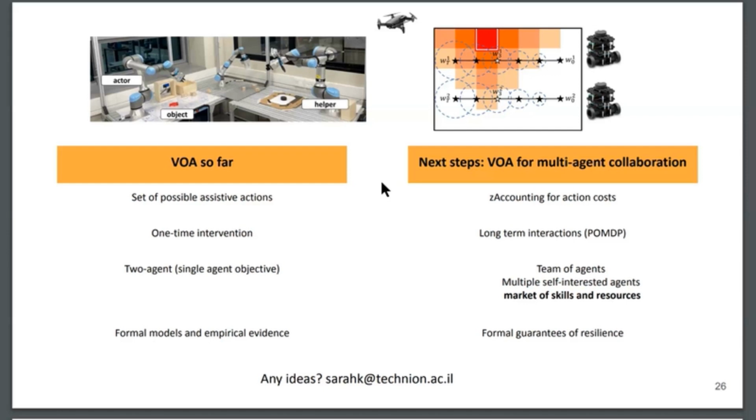We have a two-agent setting so far, but only one objective. So it's not really a multi-agent setting, it's a multi-agent setting in the sense that each agent has its own capabilities, but we haven't considered that the helper might have its own objective, so that's one of the next steps. Yuval is working on that. We really want to go back to the safe zone of actually coming up with some formal guarantees.